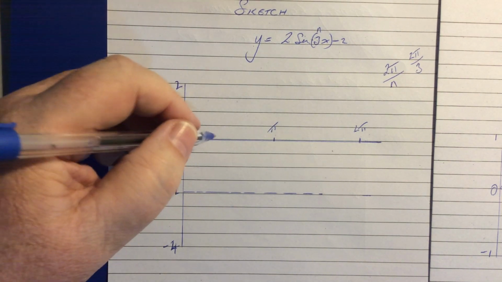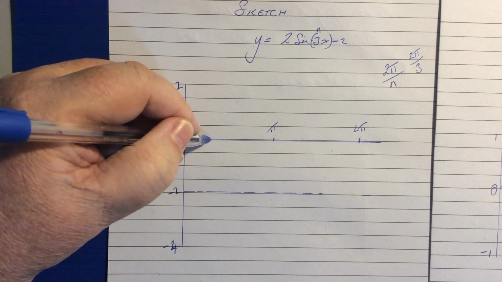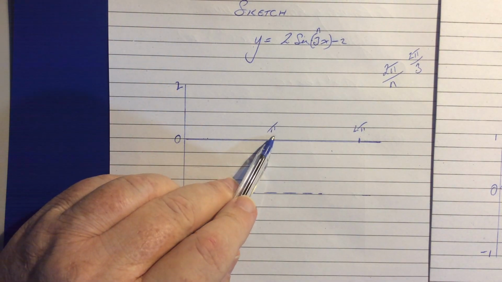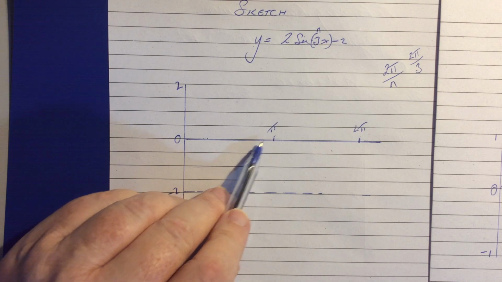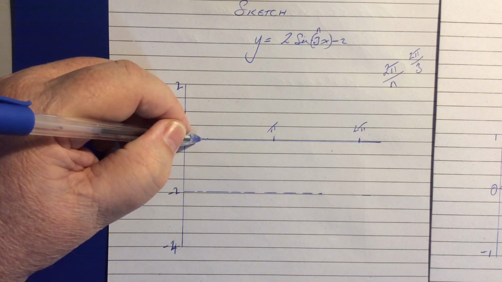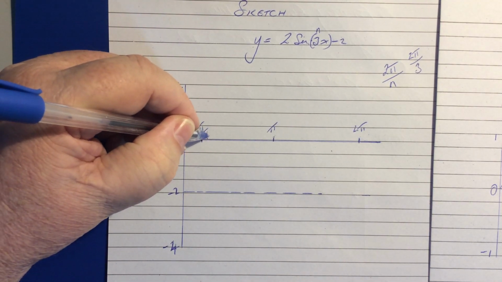So we're going to have a point here. Let's see. Pi on 6, so this is 180 degrees, pi. We're going to divide that by 6. So pi on 6 is over here somewhere.